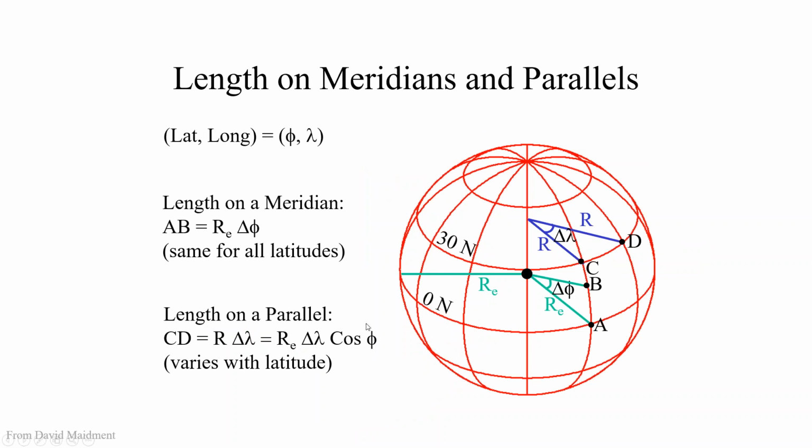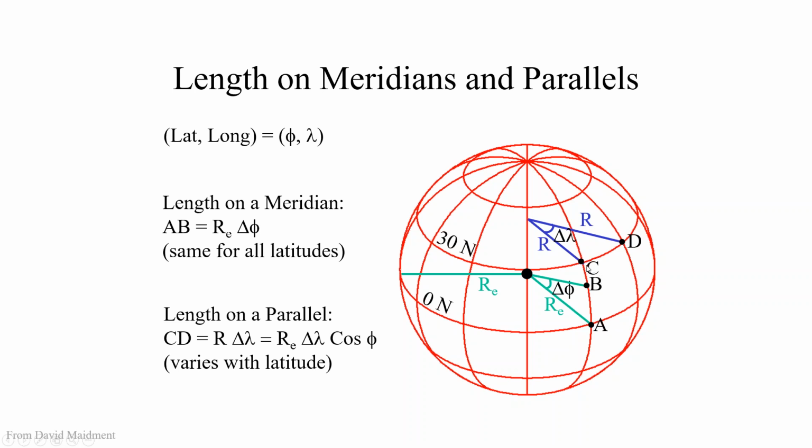So if you're approximating the Earth as a sphere, you can calculate the length on a meridian, which is a north-south length from points A to B, as the radius of the Earth times the angle. If you put that angle in radians, the change in latitude, delta phi, you'll get the north-south length.